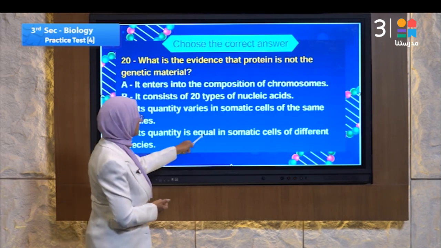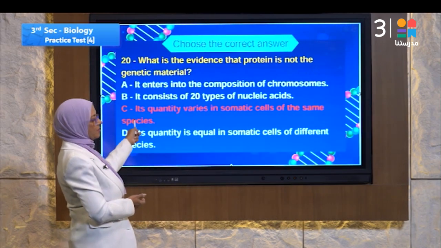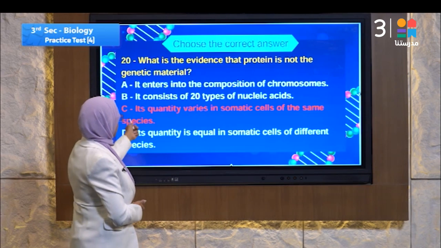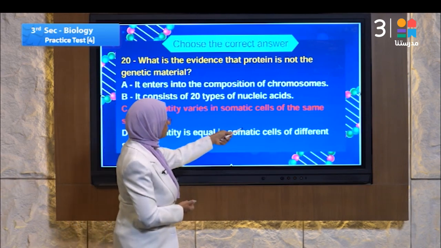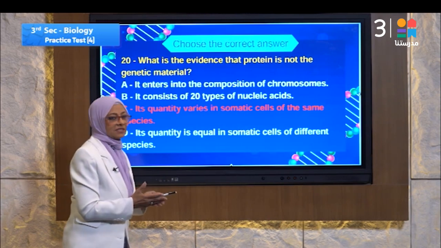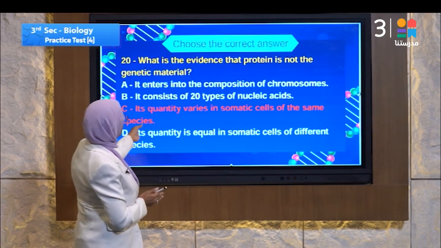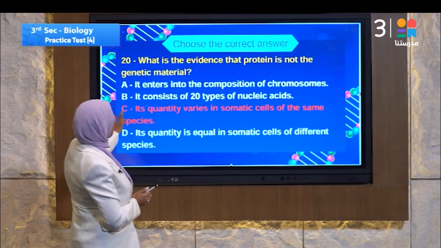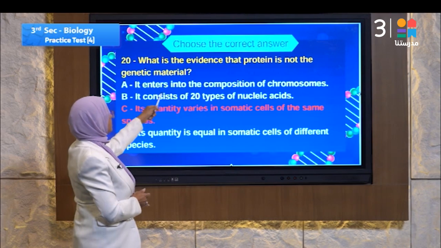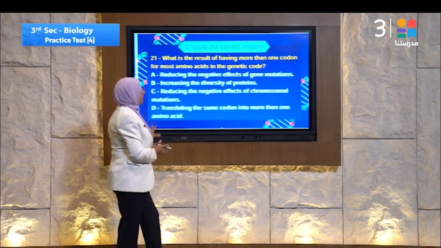The answer must be C, because the protein quantity varies in somatic cells of the same species. They vary, not equal. So the answer must be C: the protein is not the genetic material because it varies in somatic cells.